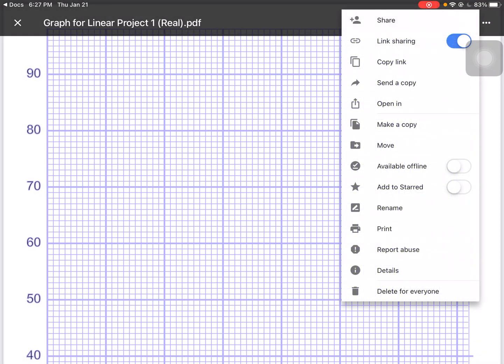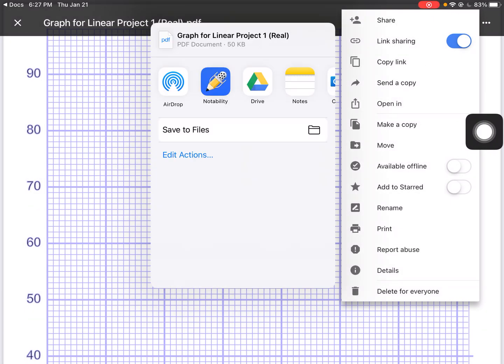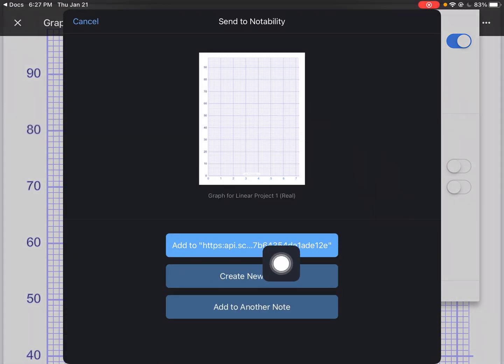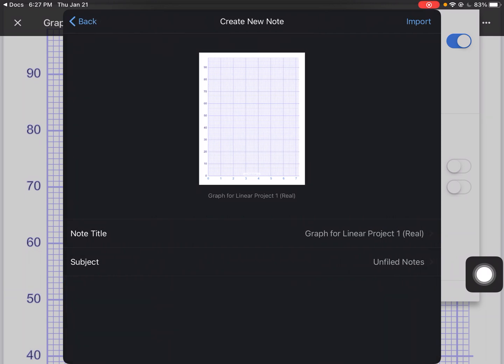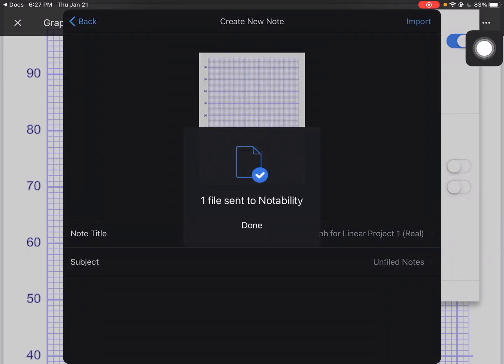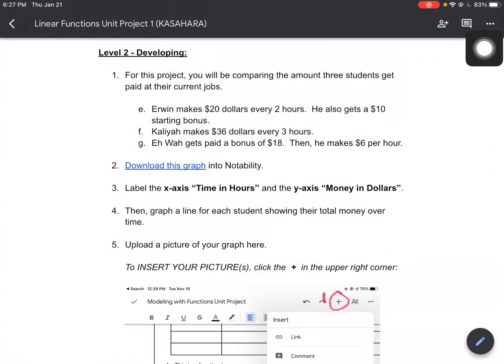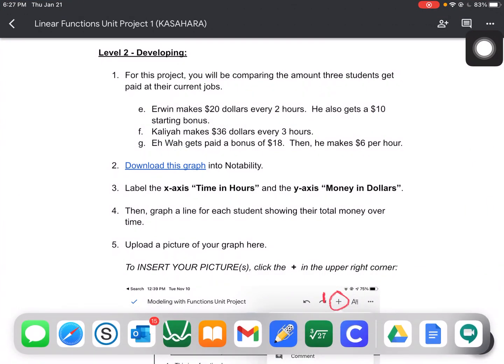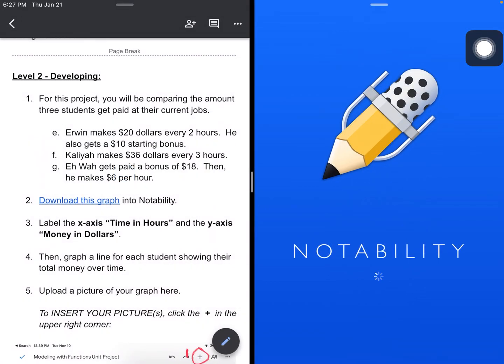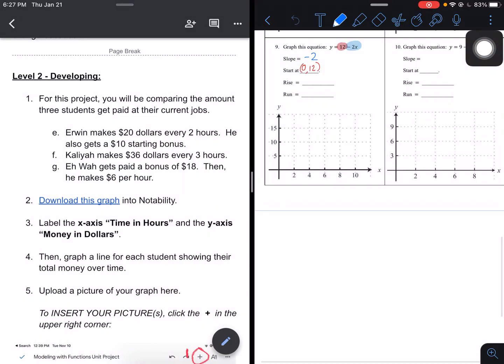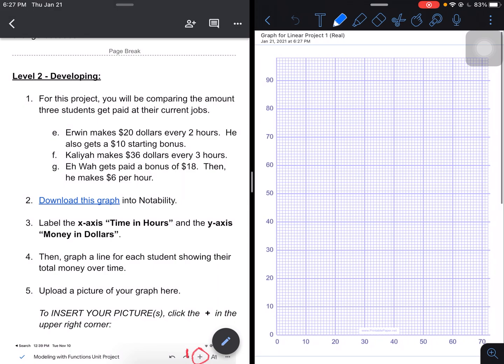I'm going to click on those 3 dots, click Open in Notability, Create New Note, Import, done. I'm going to go back to my docs, pull up from the bottom, and pull Notability to the side, and go to the graph.